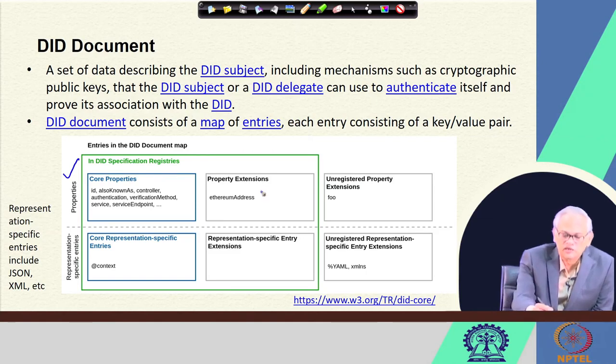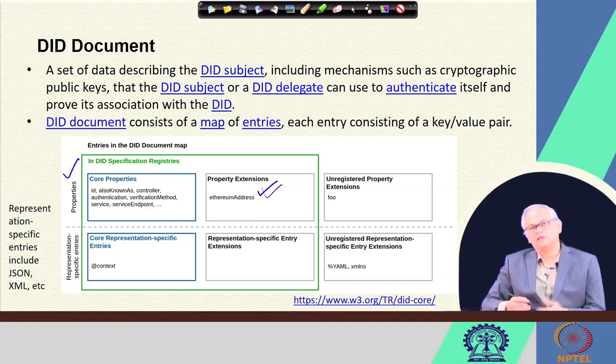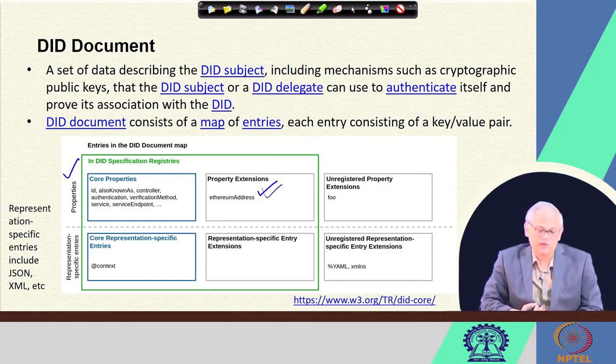And then there could be certain property extensions like Ethereum address. As we said, this DID could be implemented in Ethereum. So, that can contain additional information like Ethereum address.